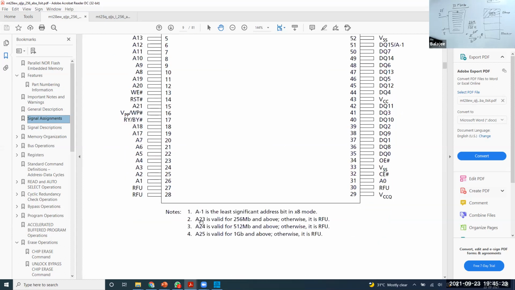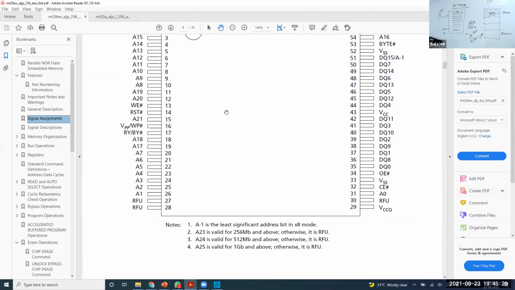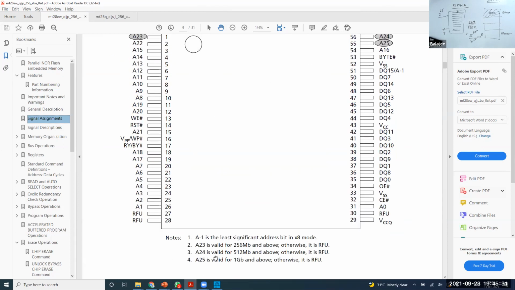You see what they have written: A23 is used for 256 meg. If it is 512 meg, they use A24. If it is more than that, they use A25. Otherwise, RFU is reserved for future use.